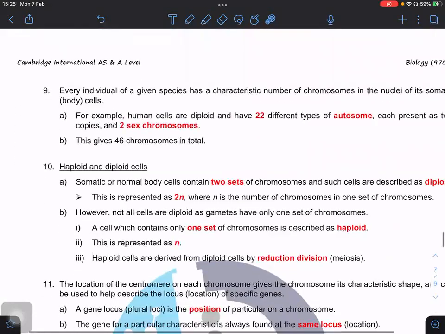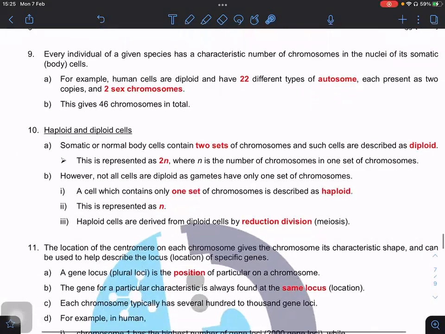Each individual of a given species has a characteristic number of chromosomes in the nuclei. In humans, we have two sets of 22 autosomes in total. Autosome means a chromosome that has nothing to do with sex determination, or gender, and we have two sex chromosomes. So in total we have 46. Now we can understand haploid and diploid, because a somatic or normal cell contains two sets of chromosomes, and is therefore termed diploid.